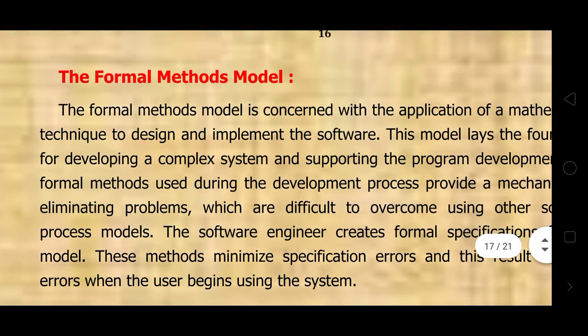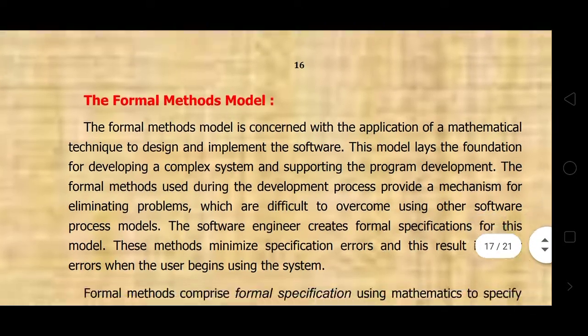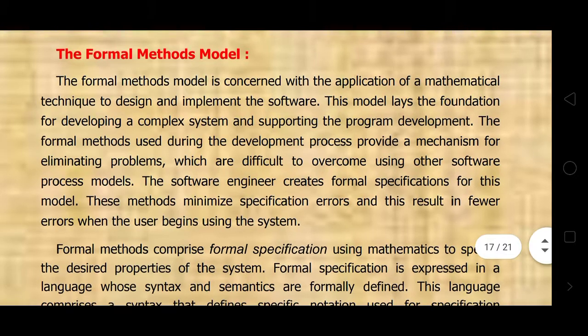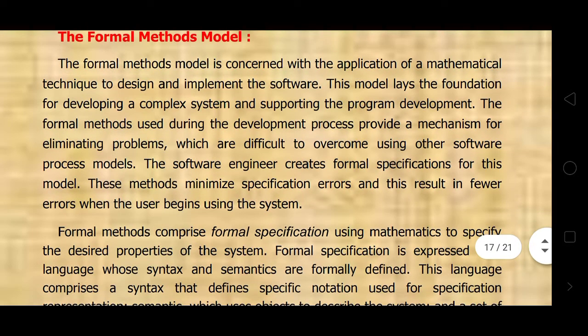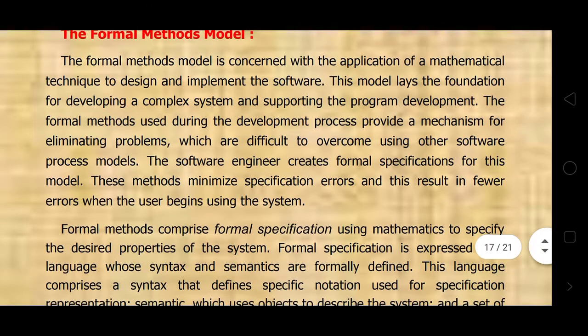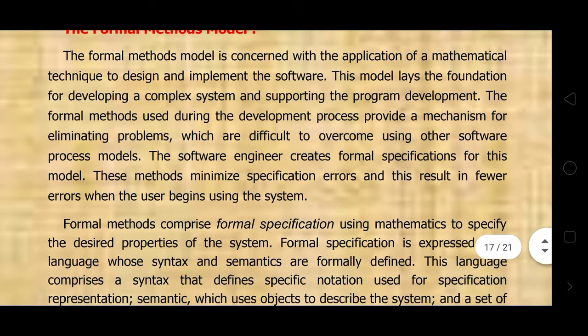The formal method model. The formal method model is concerned with the application of mathematical techniques to the design and implementation of software. This model lays the foundation for developing a complex system and supporting program development.